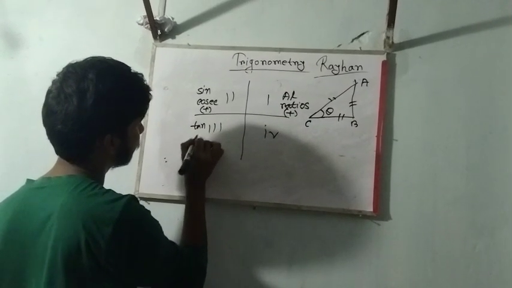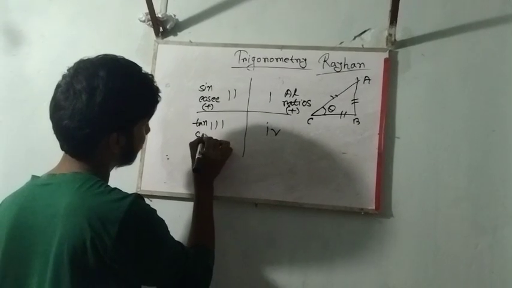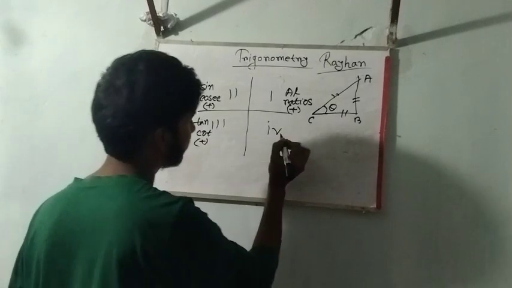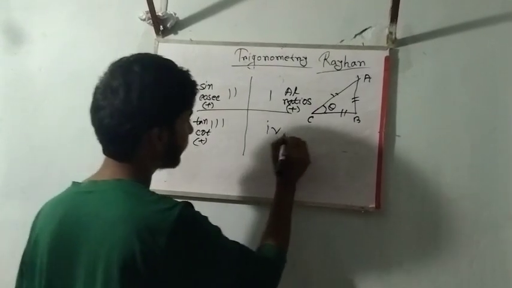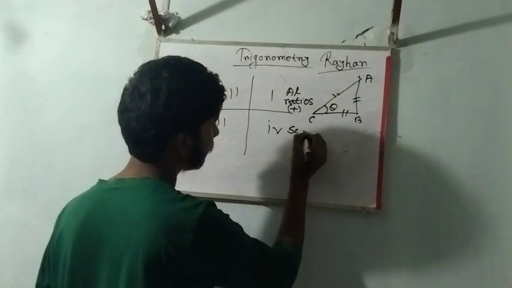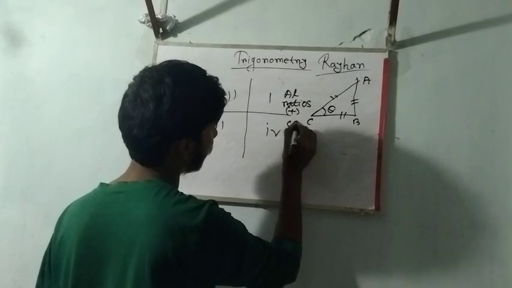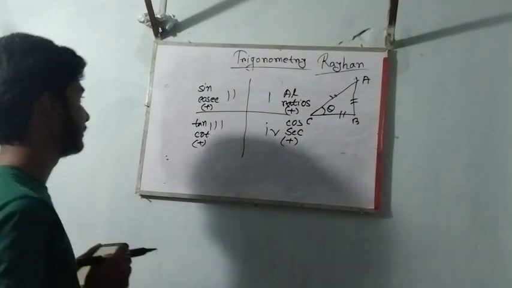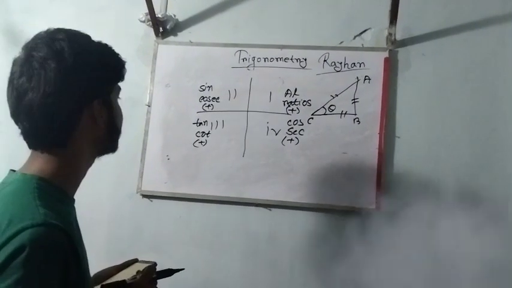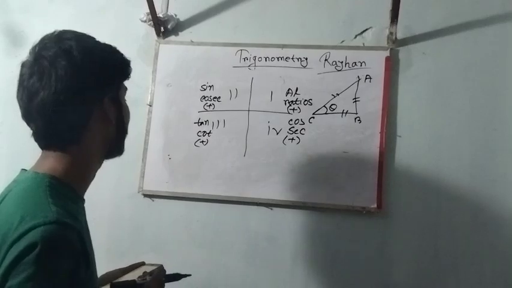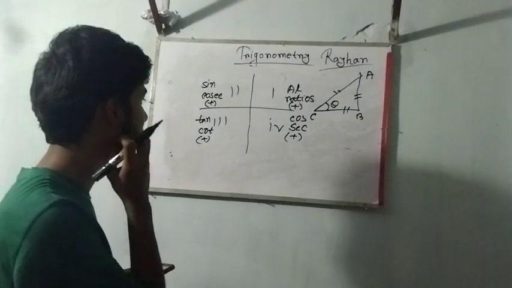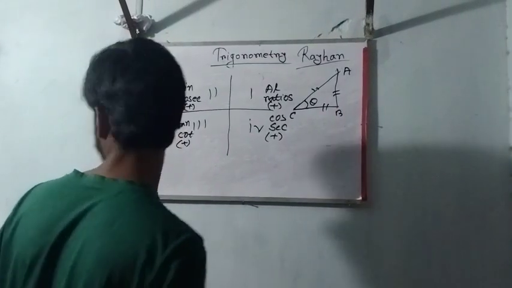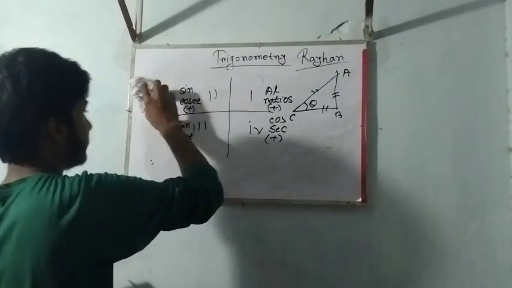Tangent and cotangent are positive in the third quadrant, and in the fourth quadrant, cos and sec are positive. But we have to know why sine and cosec are positive in the second quadrant, tan and cot are positive in the third quadrant, and cos and sec are positive in the fourth quadrant. Now we will determine these things.